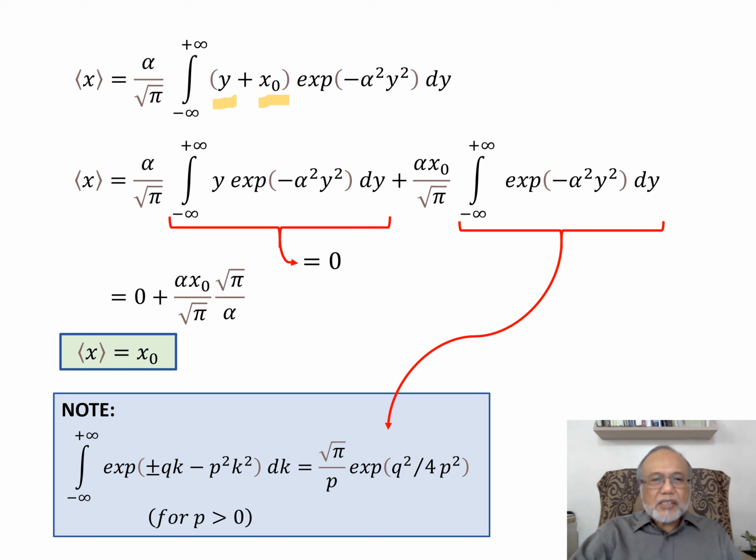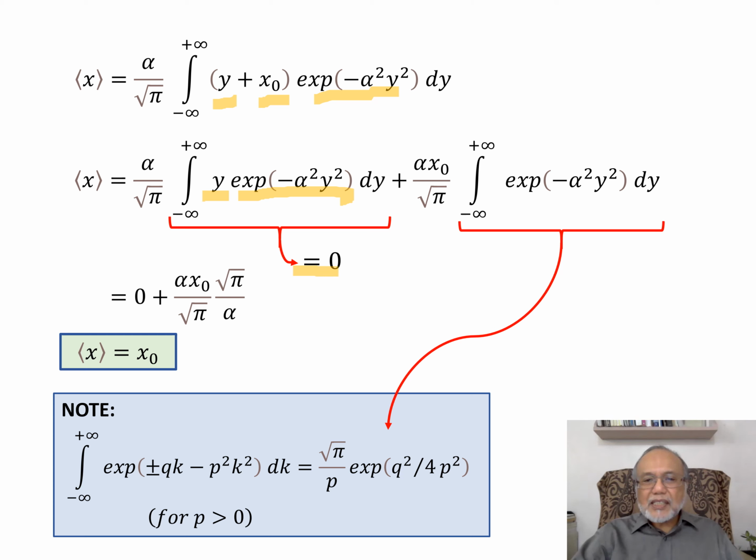The first integral, of y times the exponential of e to the minus alpha squared y squared, is an even function multiplied by an odd function y, which changes sign as you go from minus infinity to plus infinity. So the integration, or the summation of all the terms, would just give you 0.